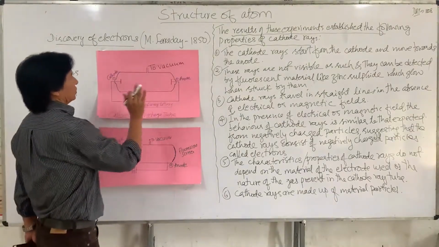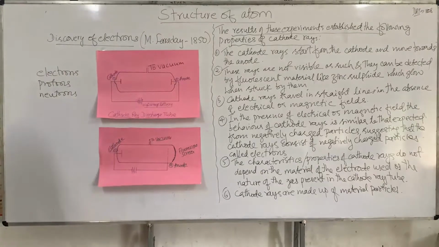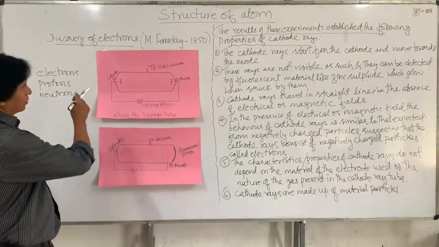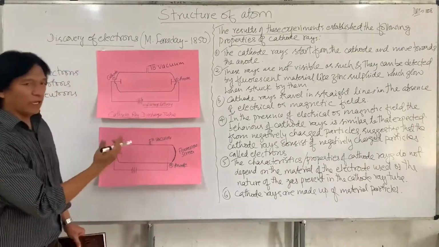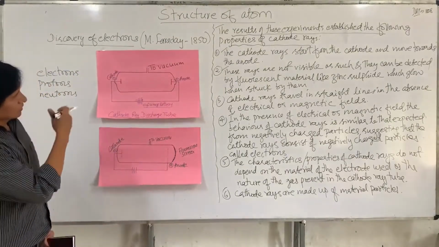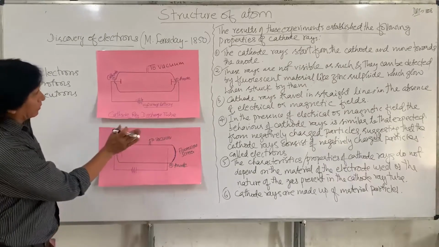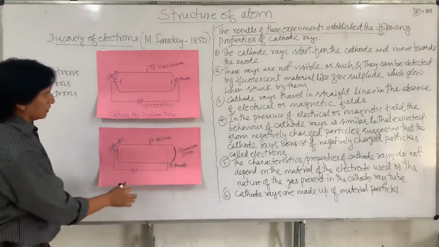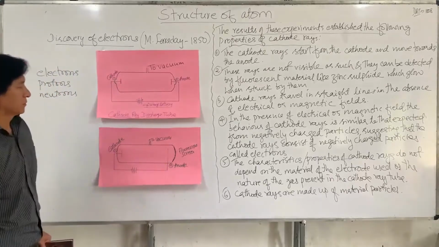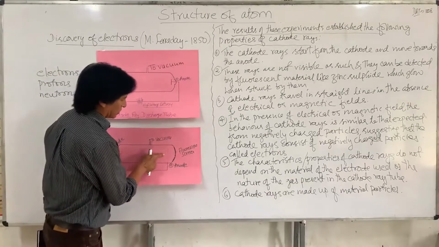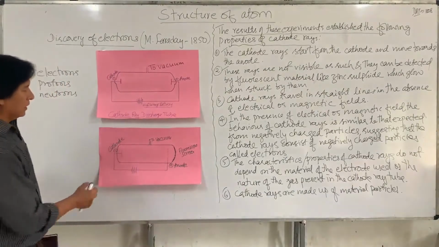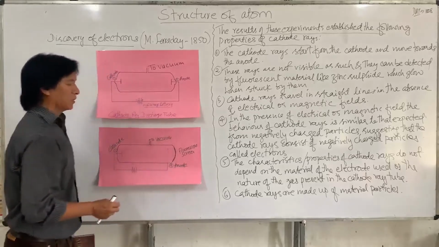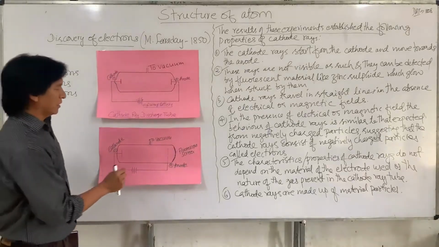So now, to check the flow of these particles from the cathode towards the anode, they did a second type of experiment, which is shown here. You will see that the anode here has some holes in it, and the portion of the tube behind the anode is coated with a fluorescent material like zinc sulfide.